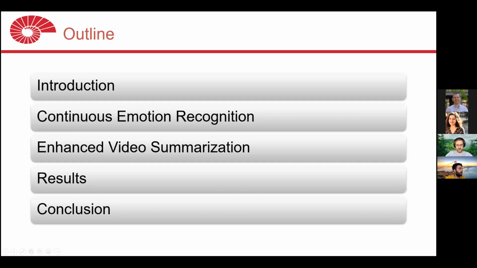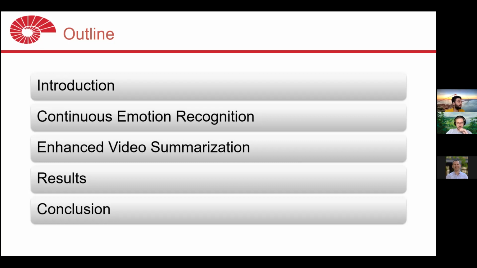Okay, so here is my outline. I will start with a brief introduction, defining the video summarization task and why affective information and affective computing help the video summarization task. Then I will present the continuous emotion recognition module, which is the one extracting the affective information.